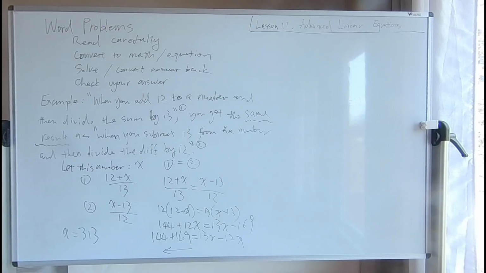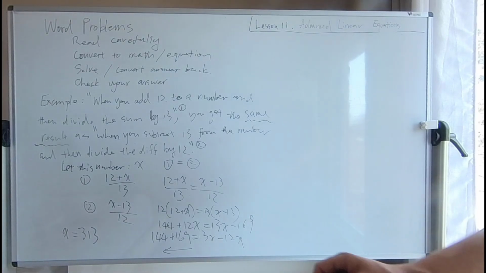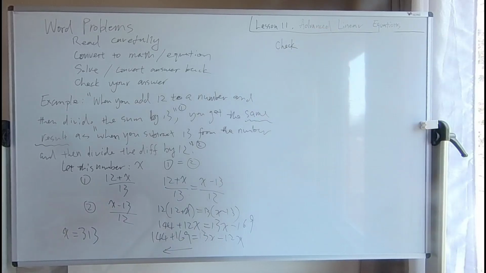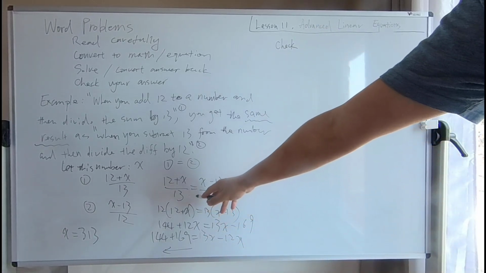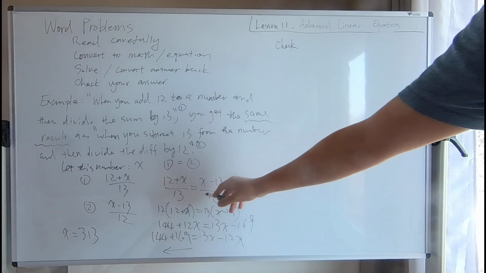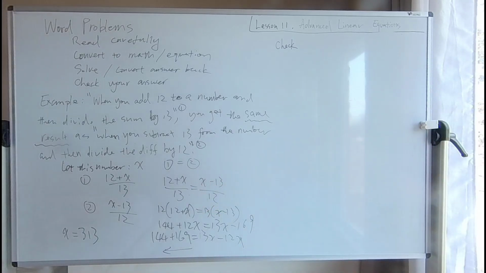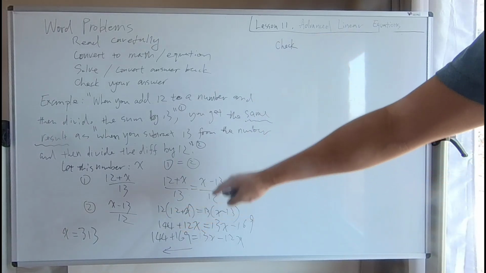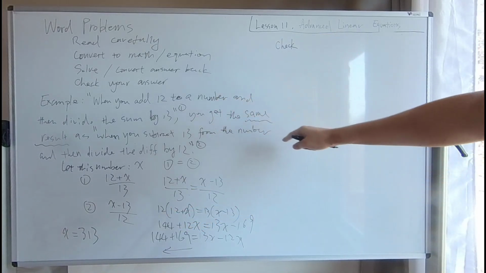So lastly, I need to check my answer. I will leave it to you to check by directly substituting back into the equation. I'm pretty sure you will find the left-hand side and right-hand side are equivalent to each other. But here, as an example, I'm going to check my answer directly against the word problem.